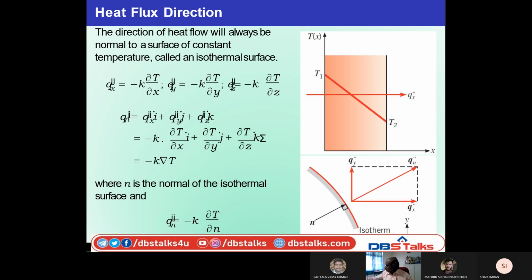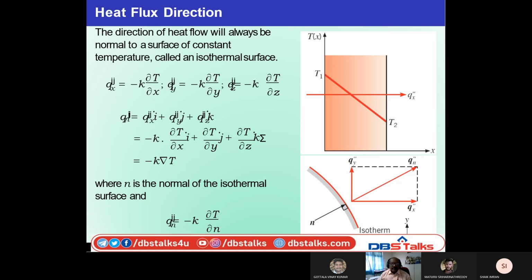If you take the minus k as a common factor, minus k into dou T by dou x plus dou T by dou y plus dou T by dou z. You can write this as minus k into delta T, where delta T is nothing but dou T by dou x plus dou T by dou y plus dou T by dou z. Like this, in simple form we can represent the total conductive heat transfer as minus k into delta T.